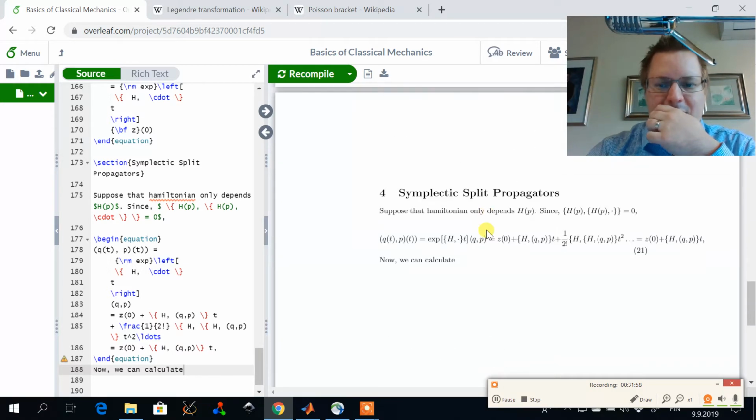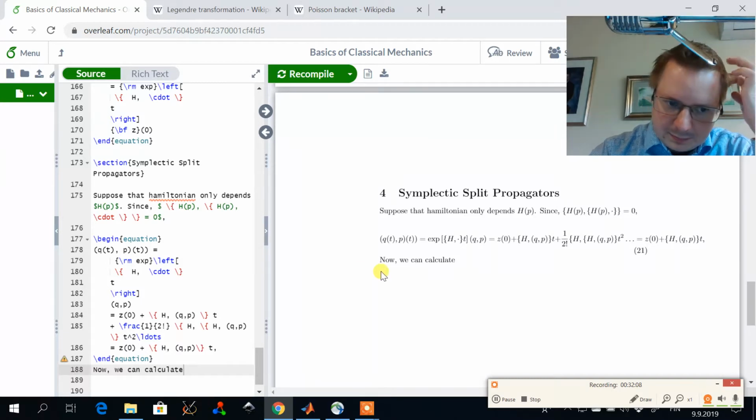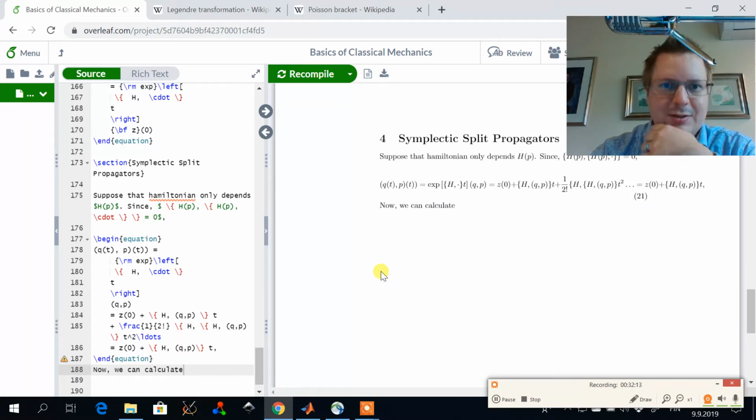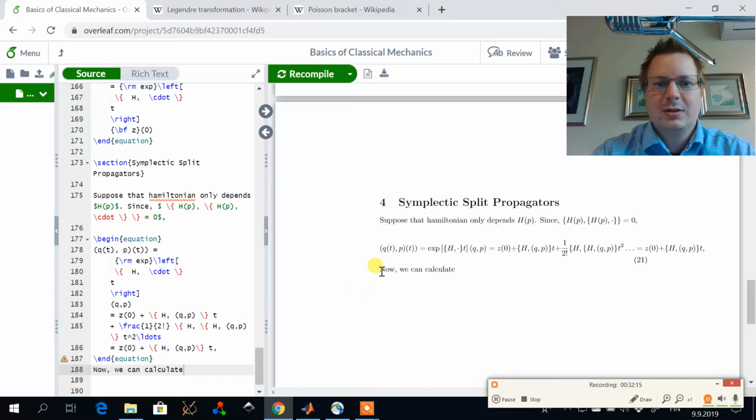And now I showed you that we can do this exactly. So this is an exact canonical transformation, which means that it will preserve the symplectic structure of the system. Therefore, it yields symplectic propagators, which conserve the volume of the phase space, which makes the propagator very stable.